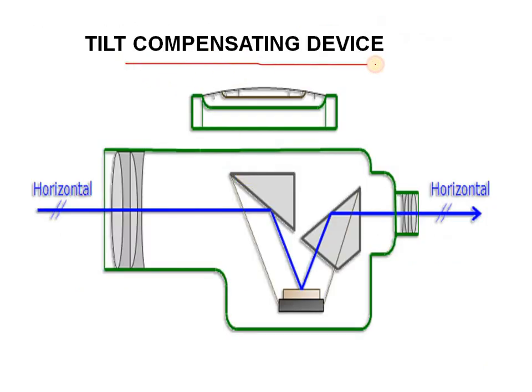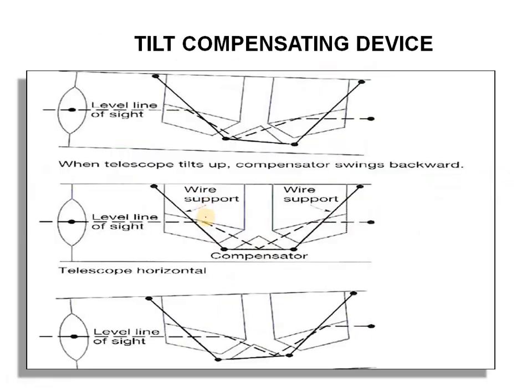So this is a tilt compensating device. You can see horizontal. When this triangle position is there, the objects which appear here, when we see from the eyepiece, refract through the glass and we can see them here. When the telescope tilts up, the compensator swings backward.